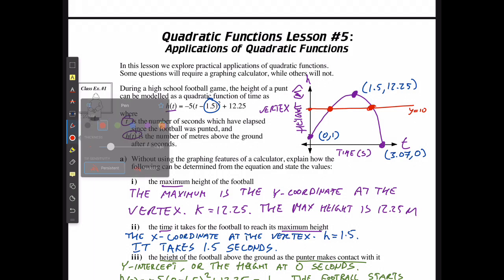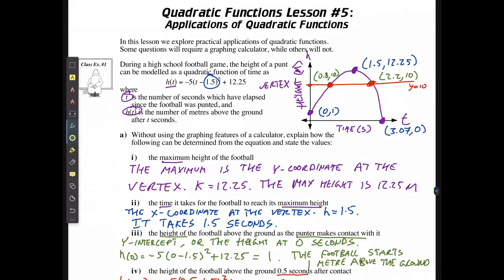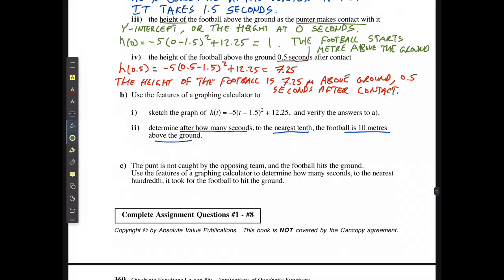And I discover that these intersect at (0.8, 10), as well as at (2.2, 10). So I can say that this occurs at 0.8 and 2.2 seconds.